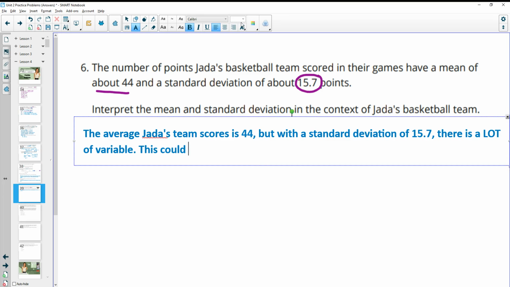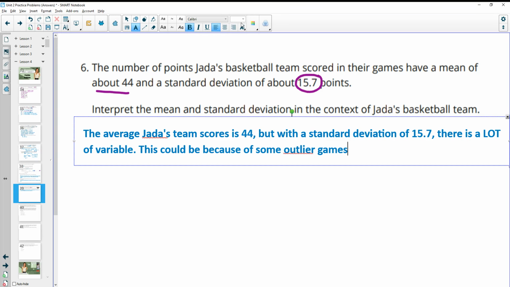This could be because of some outlier games. Like maybe there was a big blowout, like they played a team that was a lot less skilled than they are and they beat them by a lot, and then maybe they also played some teams that were a lot better than them, so they had a really low scoring game.